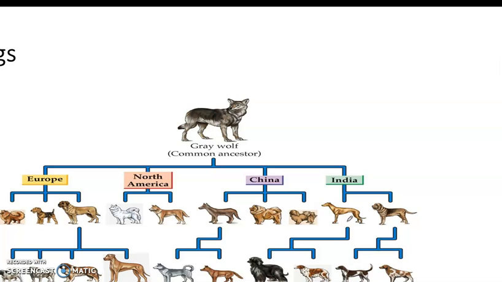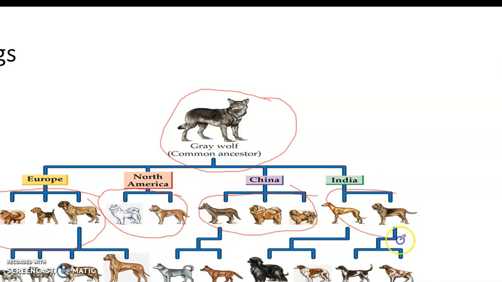Here's another example. Basically, the main dog is the gray wolf. Okay. The gray wolf is the top dog here. And based on geographical locations, there's other breeds of dogs. You have Europe, North America, China, and India.